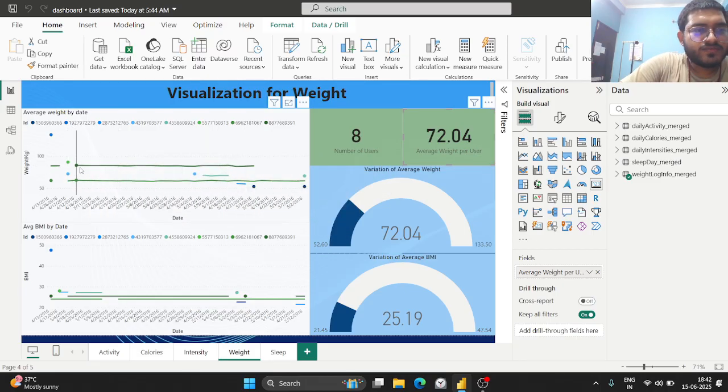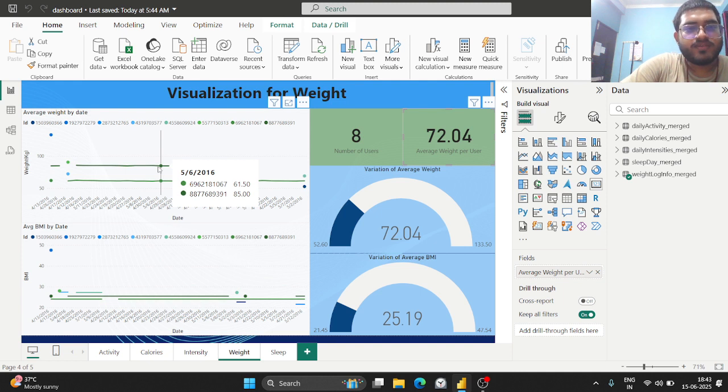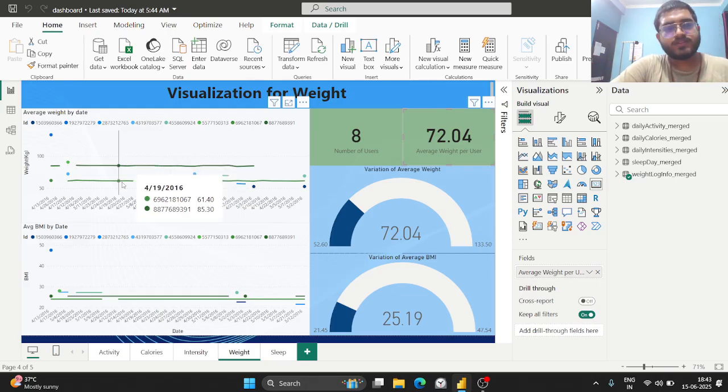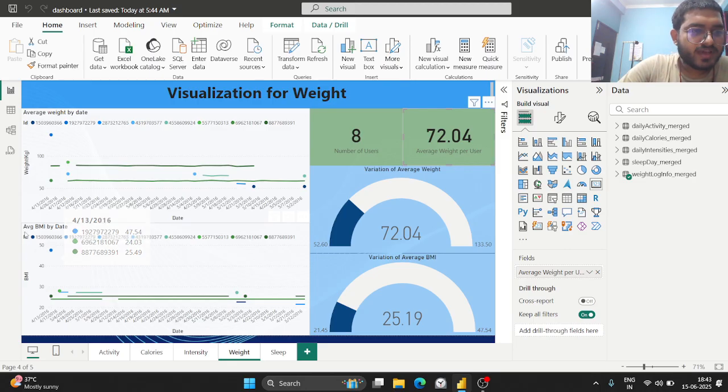You won't find much of a difference between weights, since we only have a month data set, and we did find the same pattern in the analysis using SQL and pandas. We're not finding much of a difference in weights, but a few other users had definitely shown decline. The max difference we found was around 1.78 kgs.